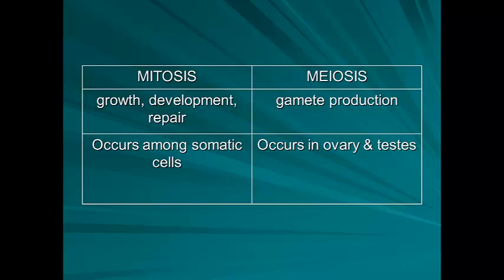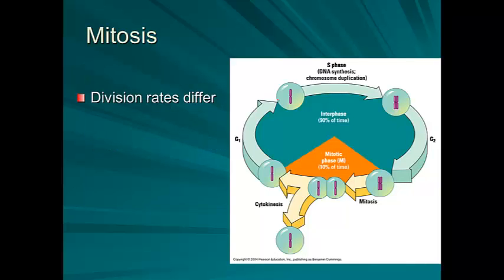We're going to talk about mitosis first, although both processes are very similar. Okay. So if we're thinking about different cells, the division rates, the rate at which those cells multiply, can vary. For instance, most of your nerve cells never divide.